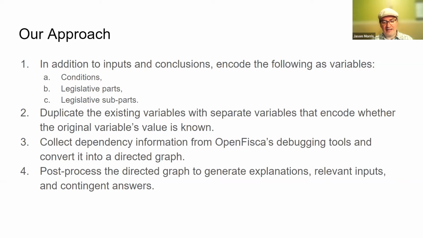That got fed into a directed graph, which is then analyzed in such a way as to generate a tree-based explanation, a list of relevant inputs for a question that we can't answer yet, and contingent answers. That's the basics of what we did.